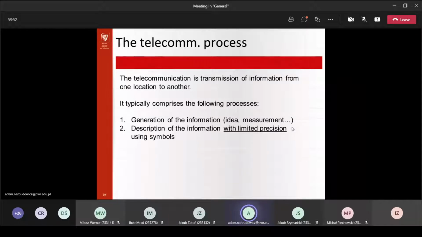basically, then we have to describe that information. Okay, because obviously, if you have some thoughts, you need to first describe it or verbalize it. You cannot transmit an abstract concept anywhere really. Okay, and what is important to understand is that even at this description of the information, we have quite a limited precision, right?